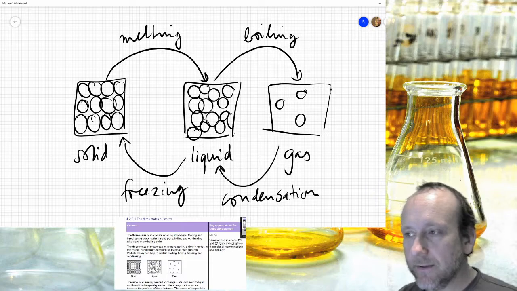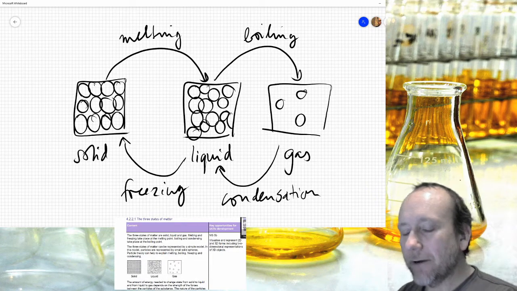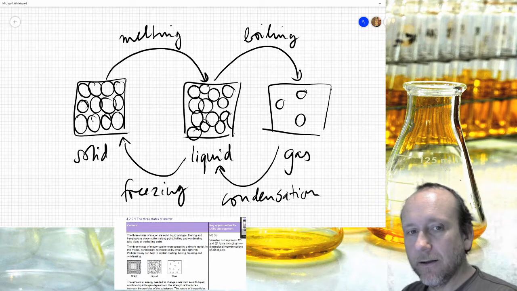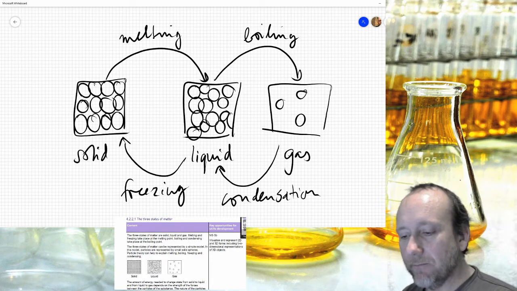That means, explicitly, there aren't any forces between the particles. So how come they hold together in a solid, or how come they are actually holding together in a liquid? And what we've got here is the distinction between explicit forces and implicit forces.